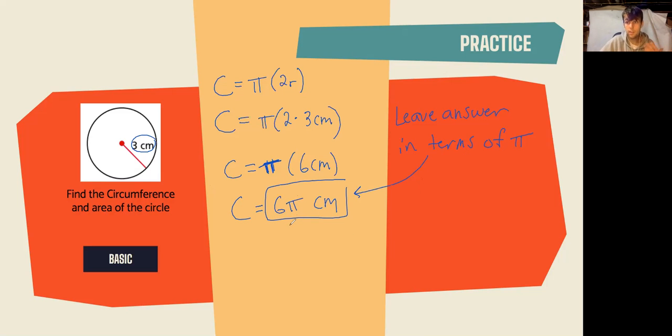The other way is to use one of many decimal approximations for pi. A lot of times for our class, just for simplicity's sake, I'm going to say to use 3.14, just to keep it simple.